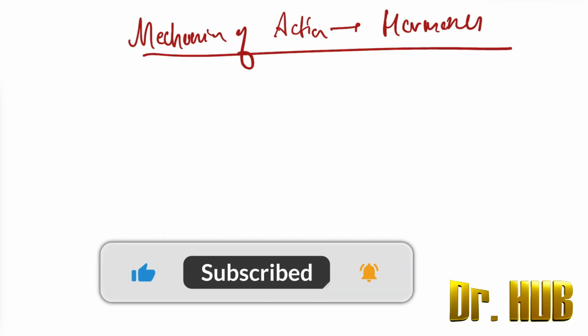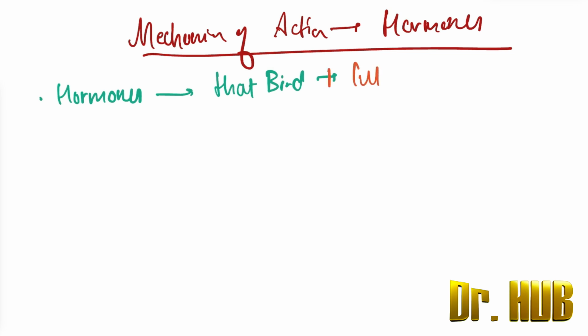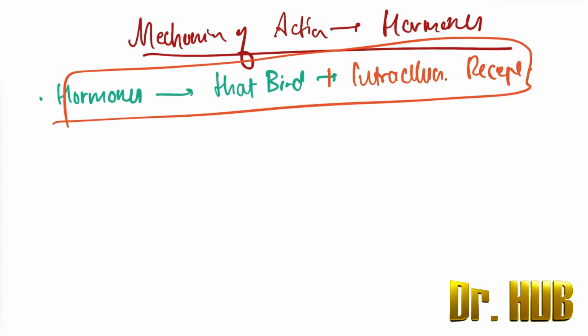So to begin with, the types of hormone receptors. First are the hormones that bind to the intracellular receptors. So what is included here?